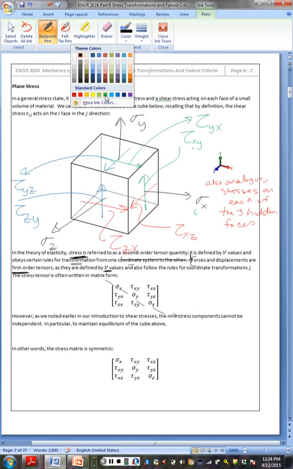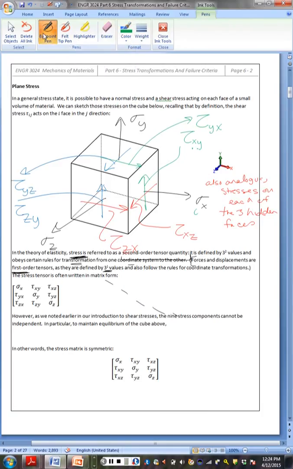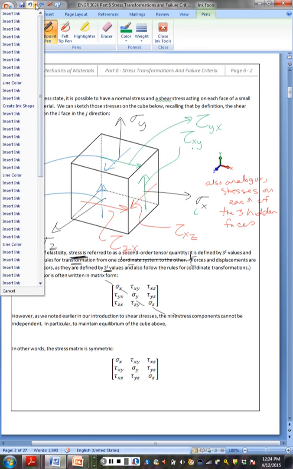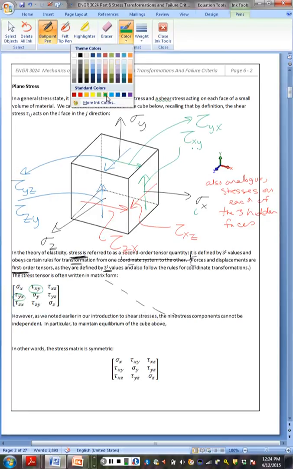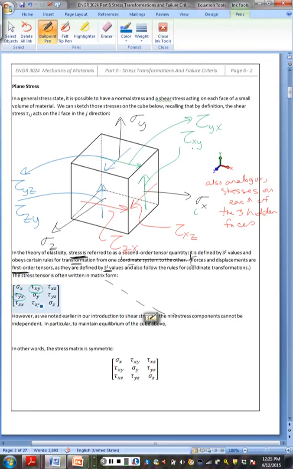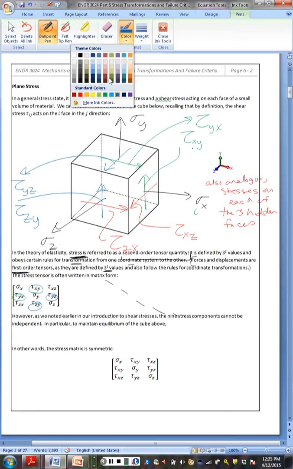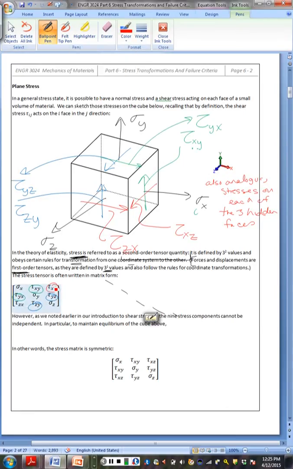We have a matrix where these elements across the diagonal are the normal stresses, and then the shear terms off the diagonal. And we've got our z's, and then we have our xz and zx out here at the 1, 3 and the 3, 1.